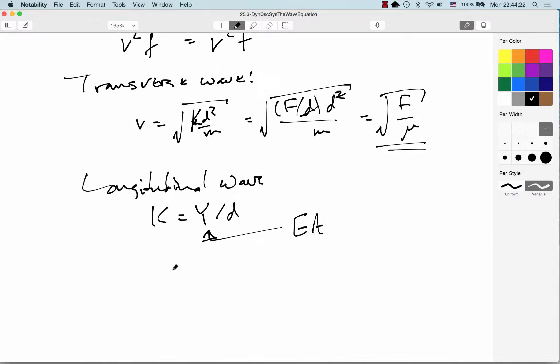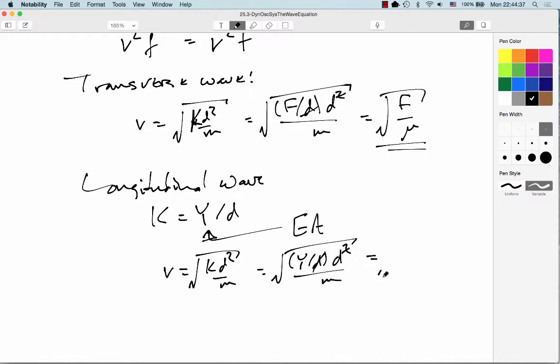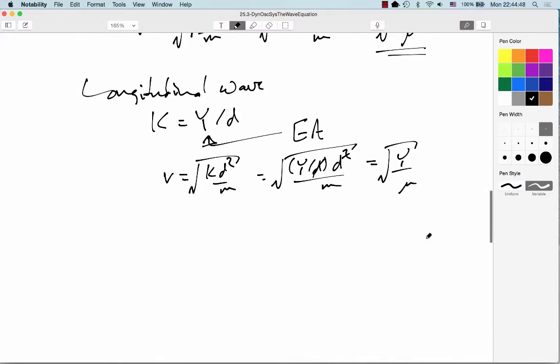Anyway, following your book's notation, we get that v equals root, again, K d squared over m. Making that substitution, we get root Y over d, d squared over m, cancel, cancel, and we get root Y over mu, and so forth. So let's go ahead and take a look at sinusoidal waves.